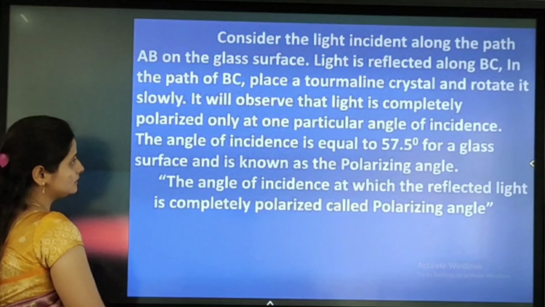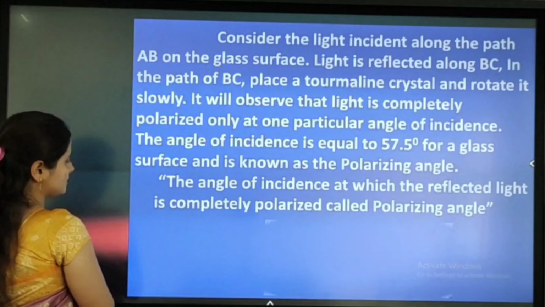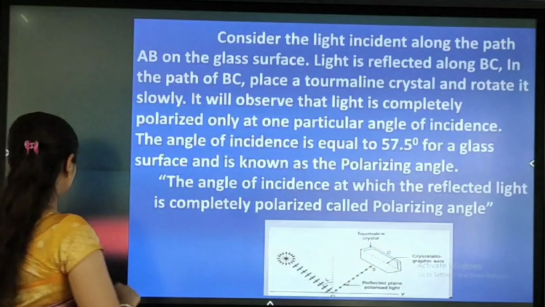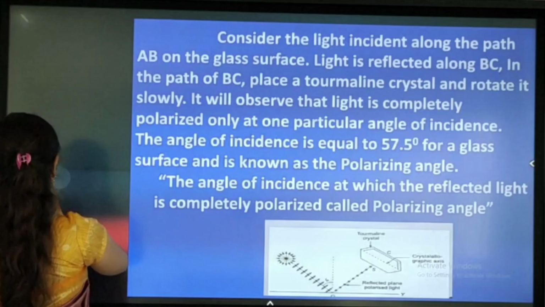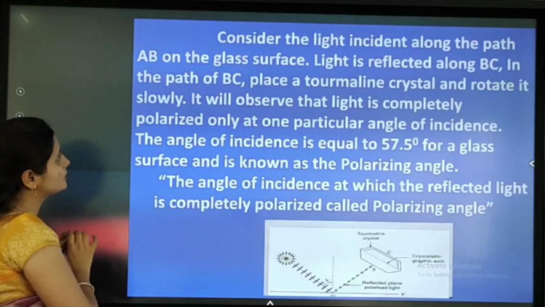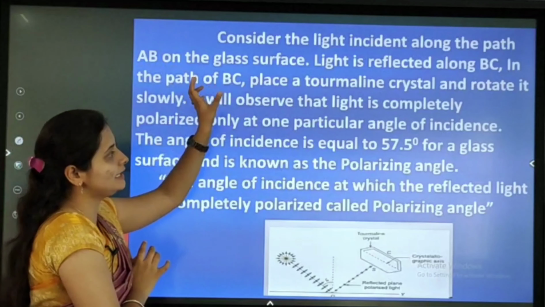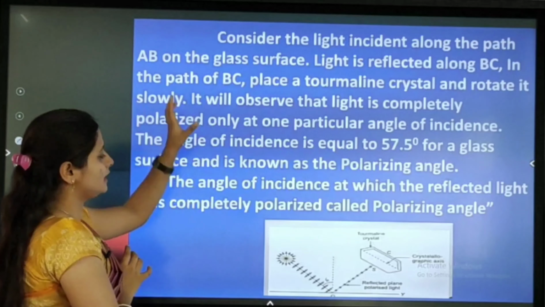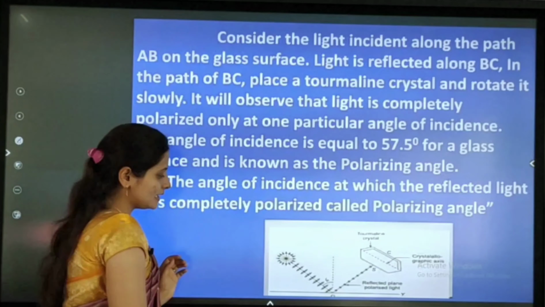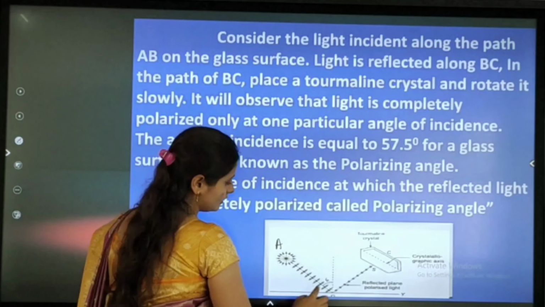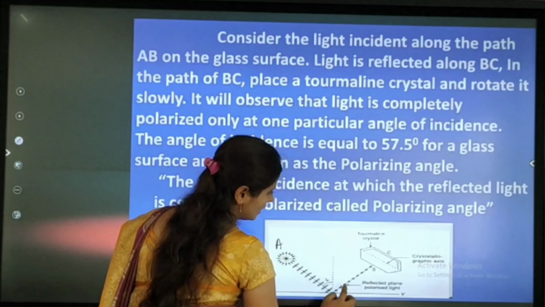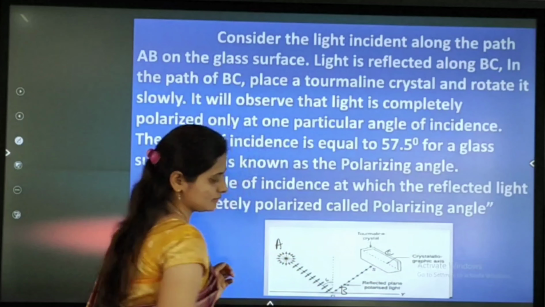Next, the explanation as well as the diagram. We are considering the light incident along the path AB, taking this point as A and this as B, and here our pointer C is there.